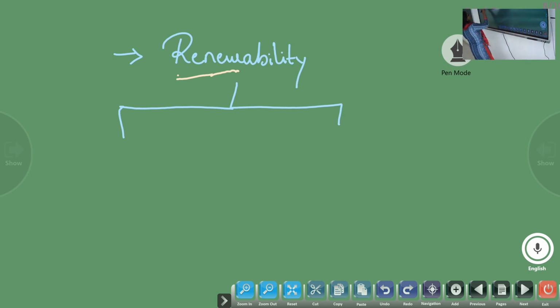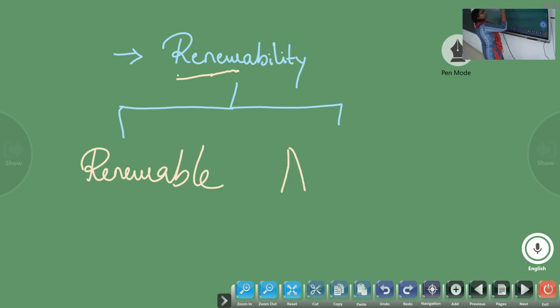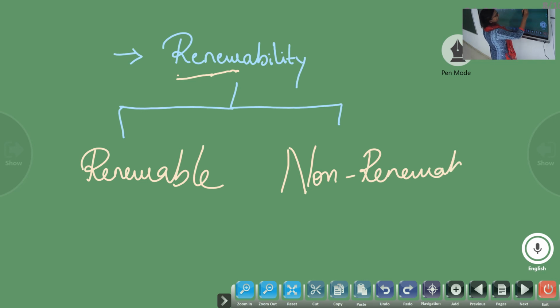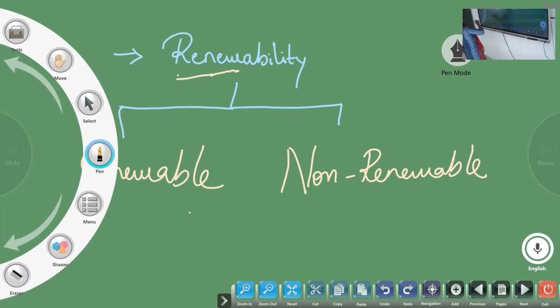One is renewable resource and the other one is non-renewable resource. Very simple. So, every resource that can be renewed is called renewable, and every resource that cannot be renewed is called non-renewable. So, for this I will give you an example.